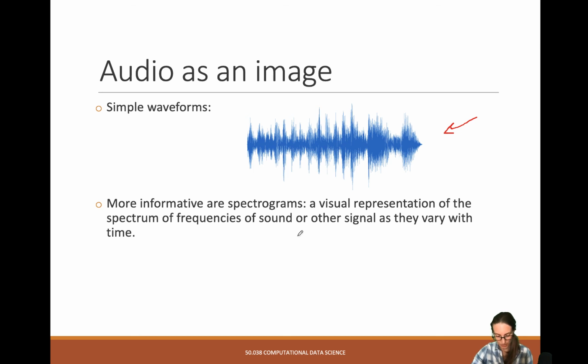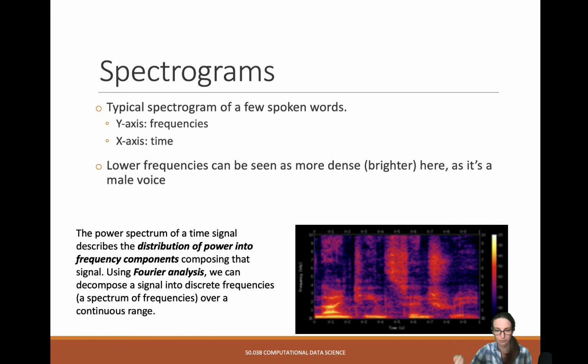The easiest way would be to represent sound as spectrograms, basically a visual representation of the spectrum of frequencies of the sound. So for every time, this is the evolution of the signal, we have frequency bins, and the color will denote the intensity of that particular frequency.